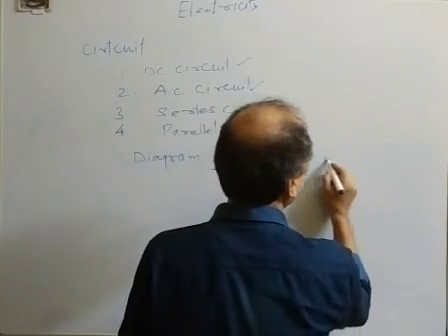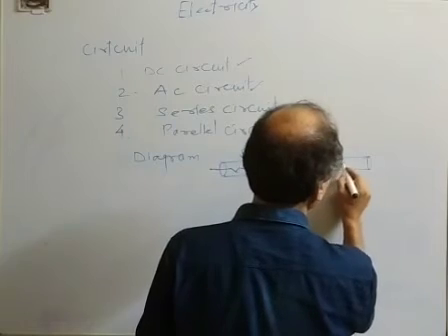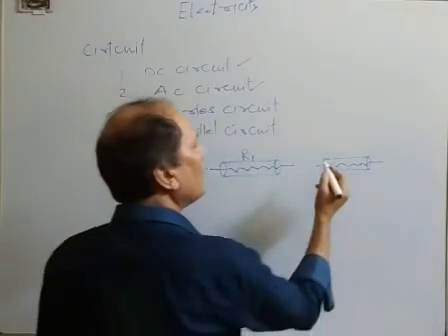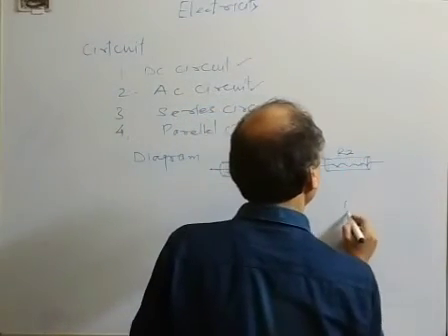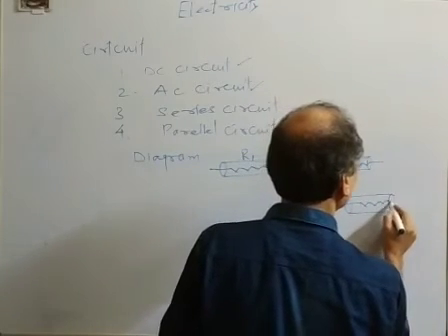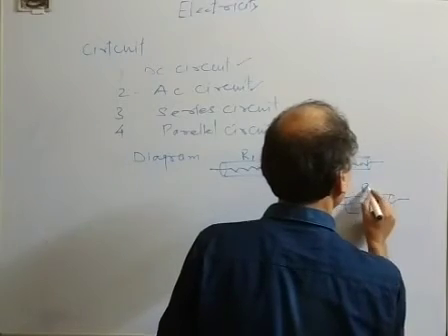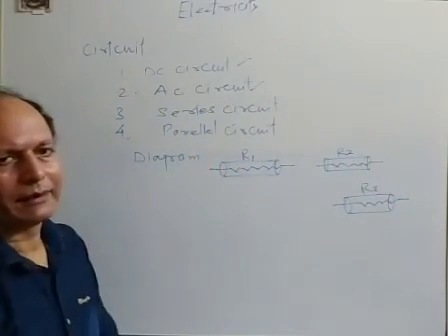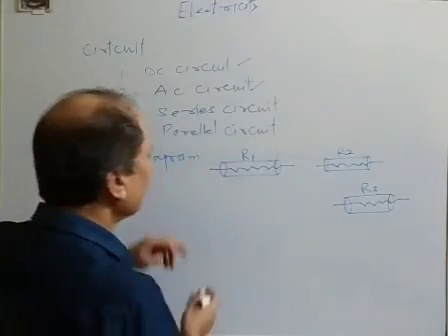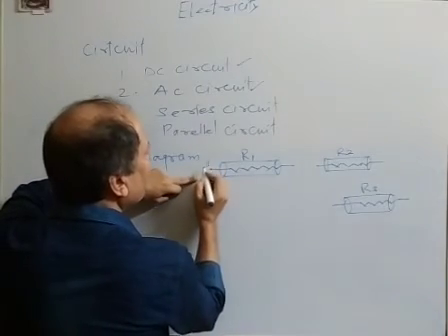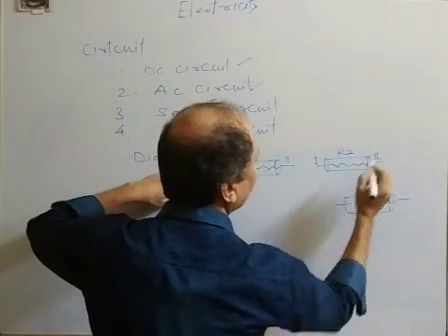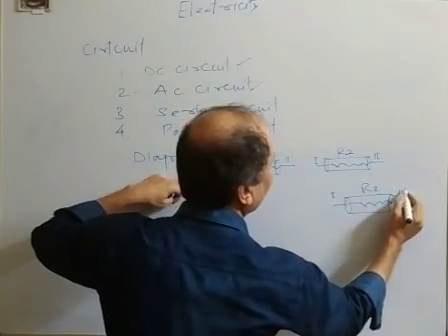Suppose it is the second resistor R2, and suppose it is the third resistor R3. There are three resistors. So for the series pattern, we will connect them. So it is first terminal, second terminal, first terminal, second terminal, first terminal, second terminal.